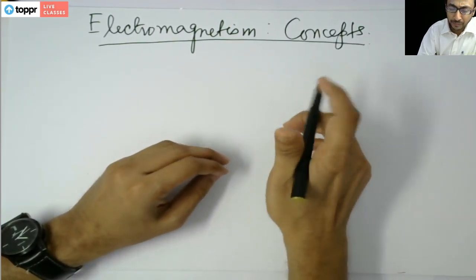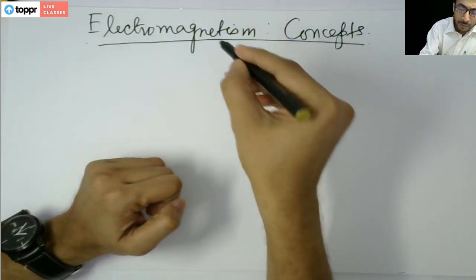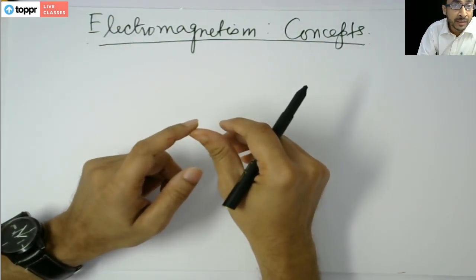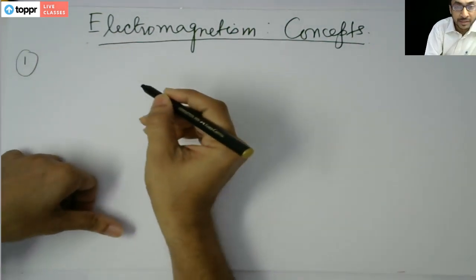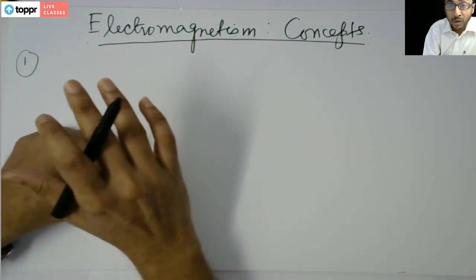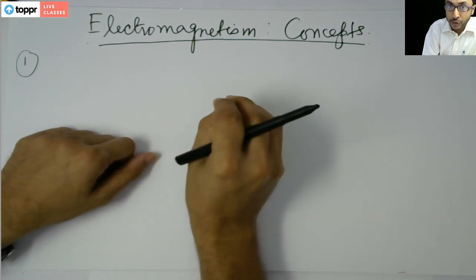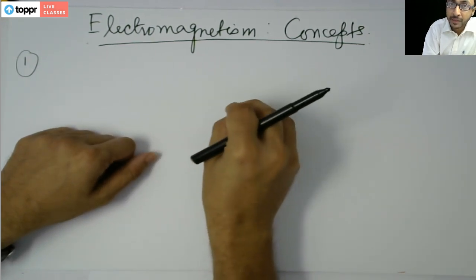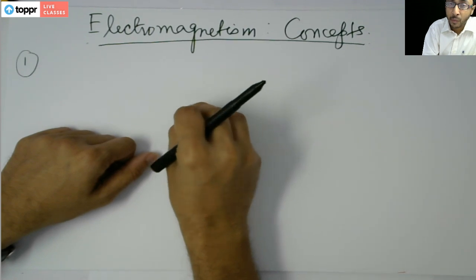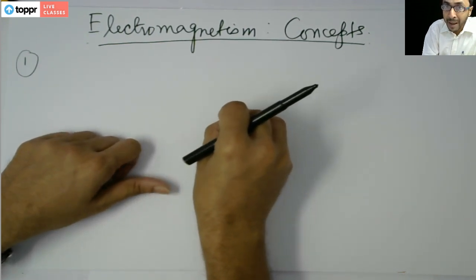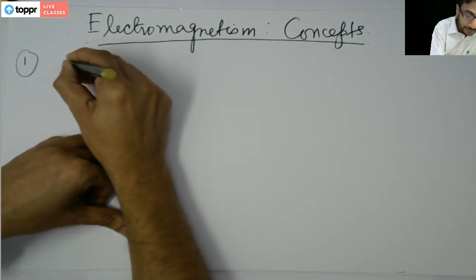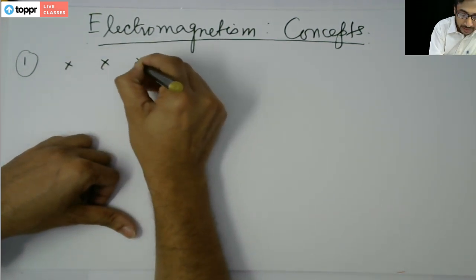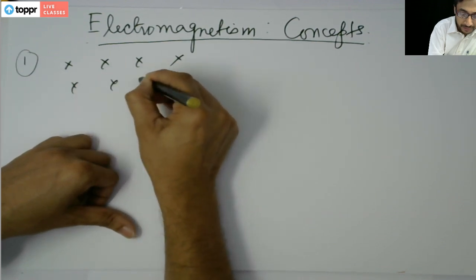Okay. Now basically electromagnetism, what are the things that you have studied? If you remember, the first concept is the force that a charged particle experiences when it is moving in a magnetic field. Suppose this is a region of magnetic field.